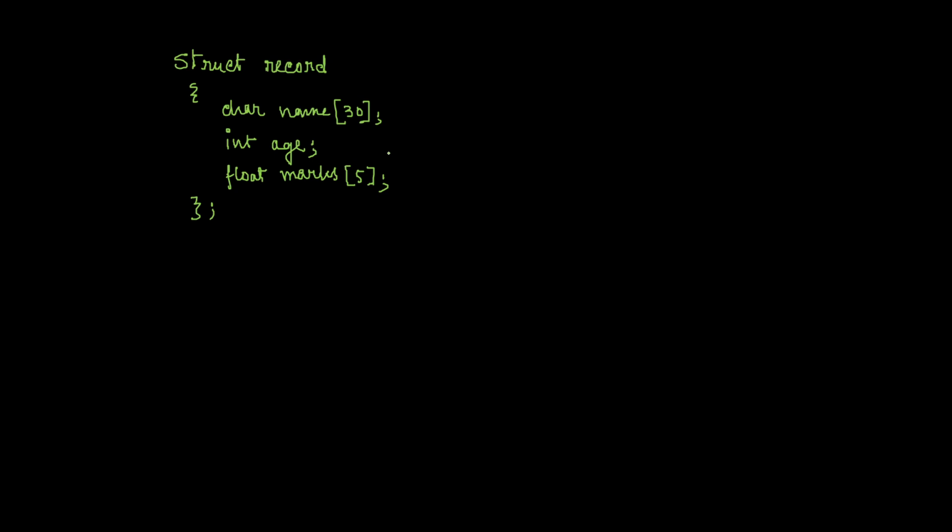The land where your building is constructed is basically your memory space. And the building that physically exists and follows the same structure shown in your plan is basically an instance of the structure.